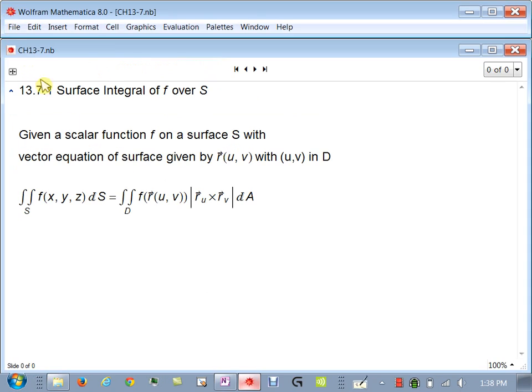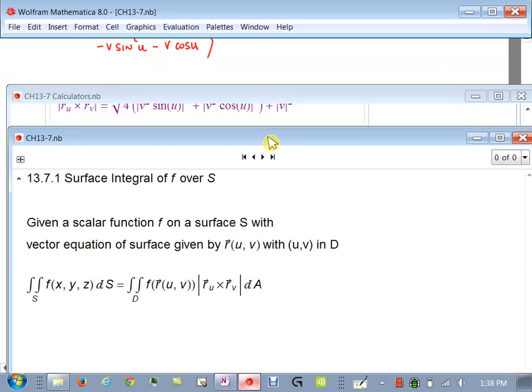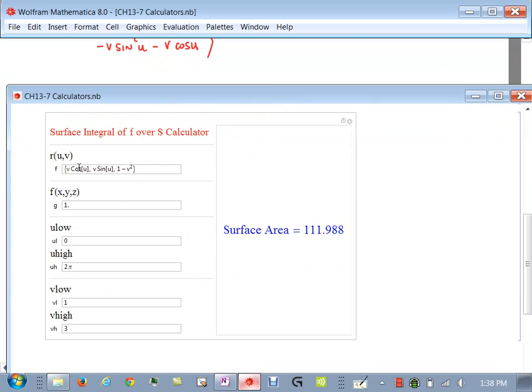In that little program that I just brought up, that I wrote last night, I put in the vector, the surface, and then, I don't know if you noticed this, but this says, what's the scalar function? And I used 1. Because if that scalar function is 1, it is the surface area, isn't it? It's the same thing. It's the absolute value of the cross product. What we're doing now is we're saying, well, what if it's something else in front?